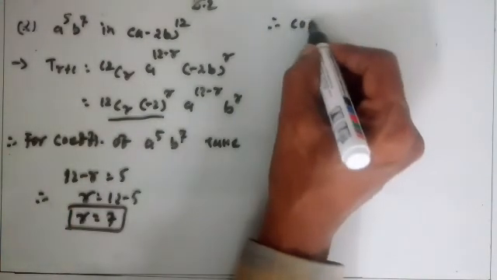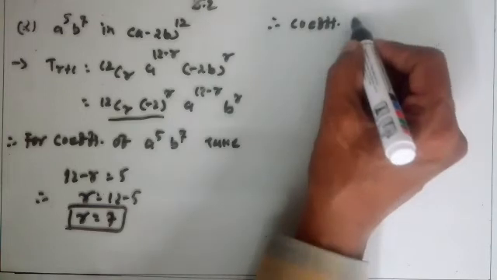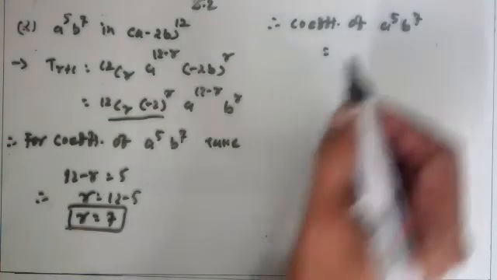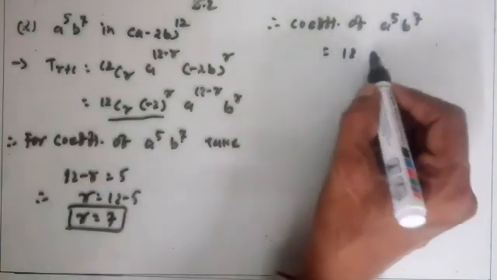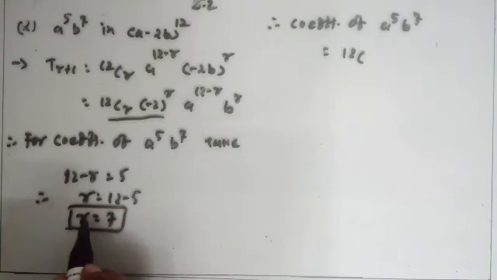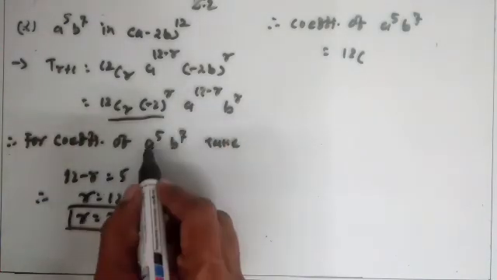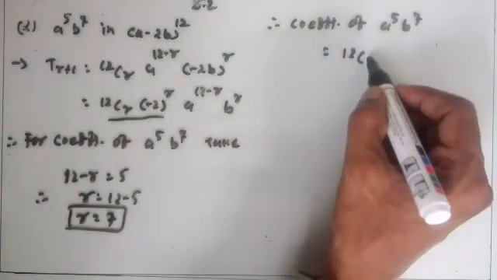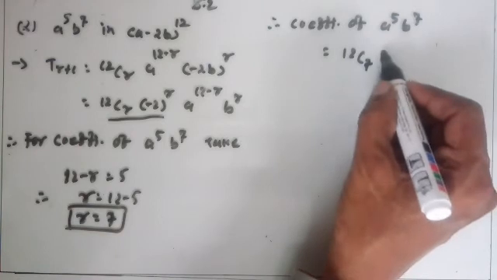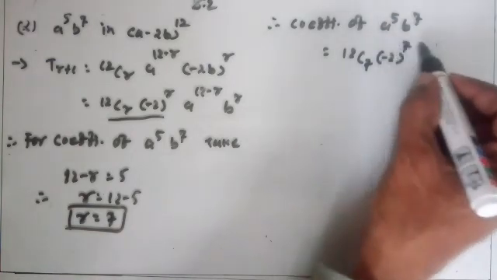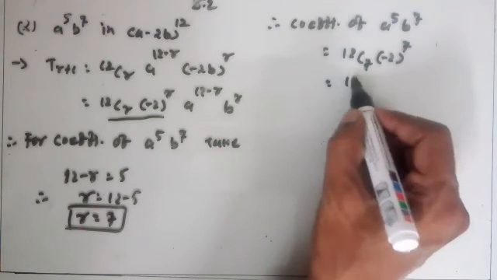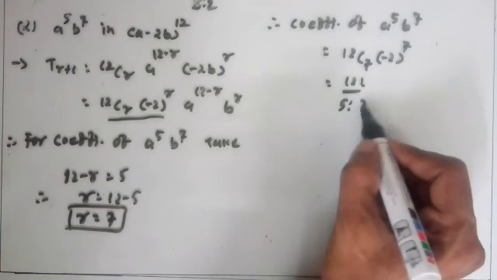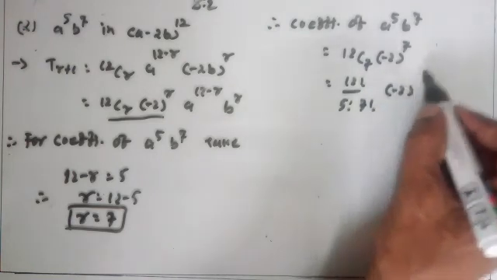Therefore, coefficient of a raised to 5, b raised to 7 is equal to 12C7 into minus 2 raised to 7, taking r is equal to 7 in these terms. So 12C7 is 12 factorial upon 12 minus 7, that is 5 factorial, into 7 factorial, into minus 2 raised to 7.